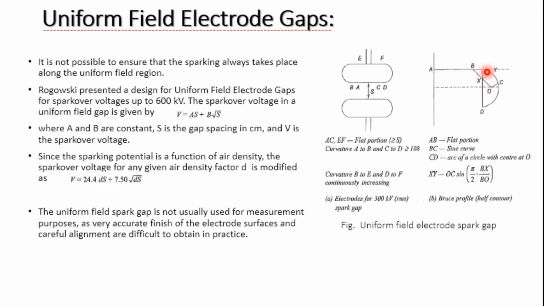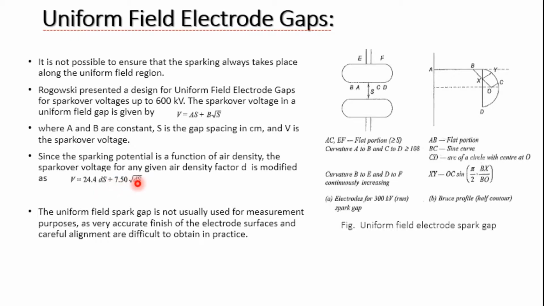According to Bruce, electrodes with diameters of 4.5, 9 and 15 inches can be used for maximum voltages of 140, 240 and 420 kV respectively. But for the Bruce profile, the constants A and B are respectively 24.22 in place of 24.4, and in place of 7.50 this becomes 6.08.